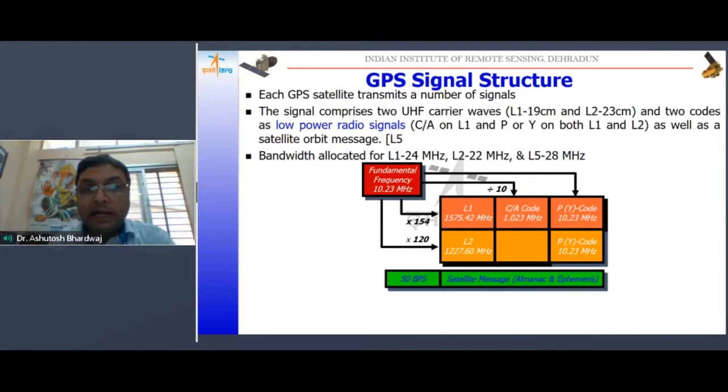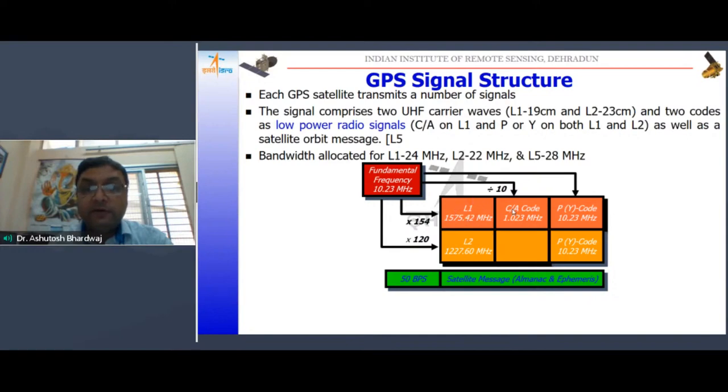I'm talking about the basic GPS design. The GPS or GNSS which we have today is a highly developed system, with many things developed and added over time. So first we will discuss the basic design, which included two carrier waves, the L1 carrier wave and the L2 carrier wave.